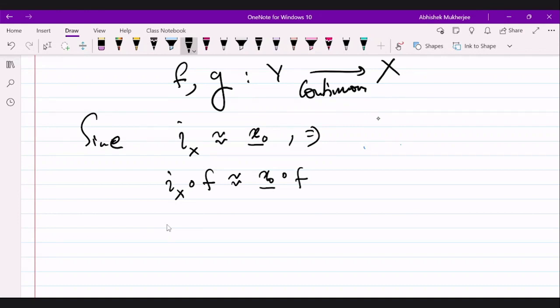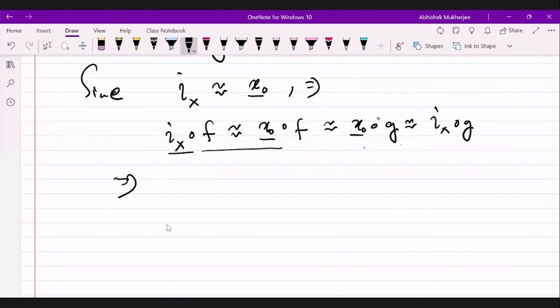But since x0 is a constant map, what will happen? These two are homotopic, right? And again, by the use of the same arguments, this is homotopic to Ix compose G. Correct.